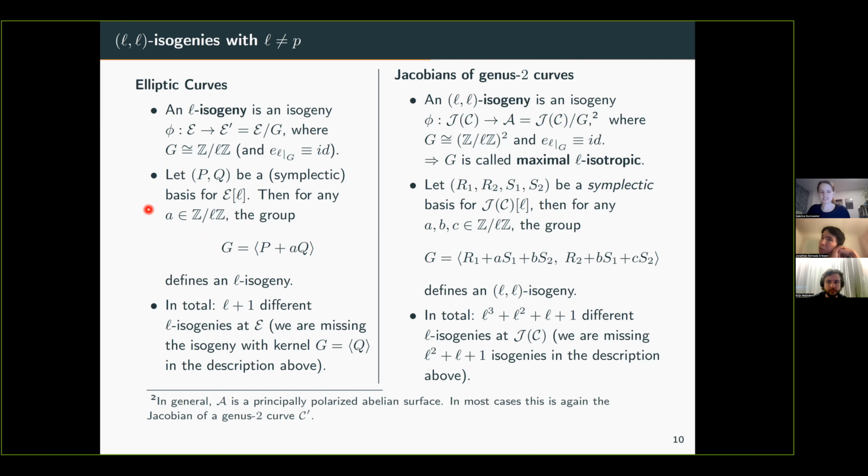In total, as you probably all know, there are L plus 1 different L-isogenies, and that's because we missed the group generated by Q in this setting.